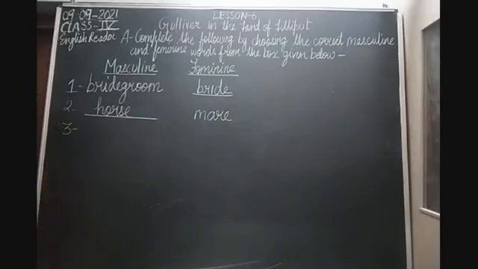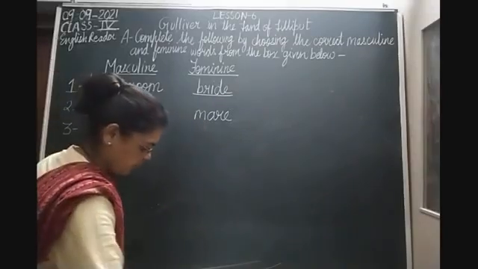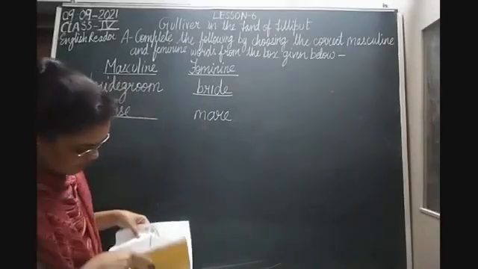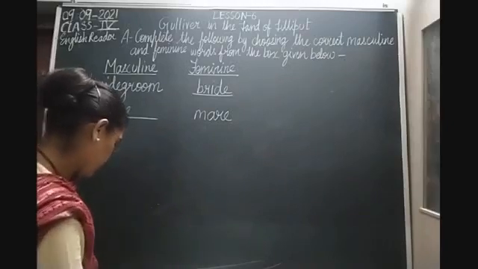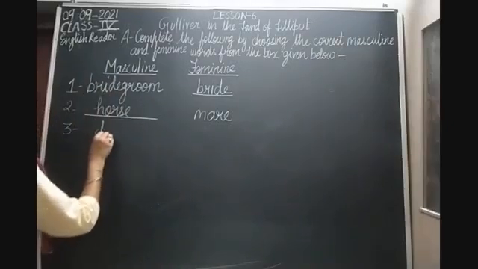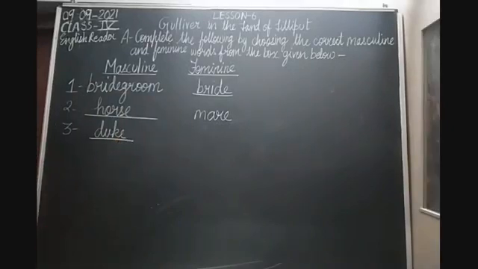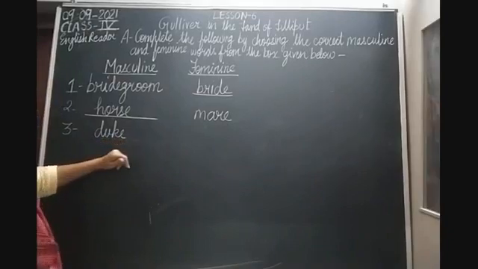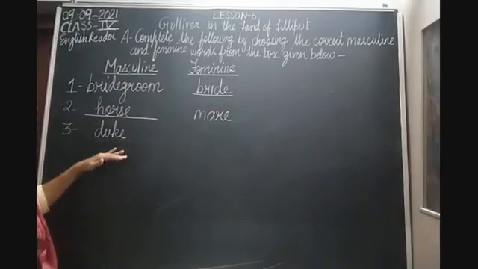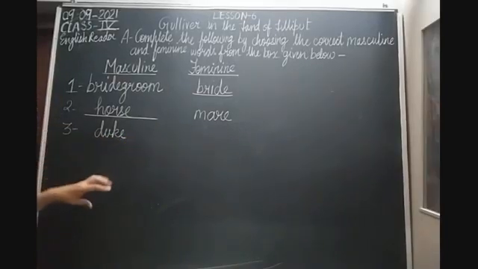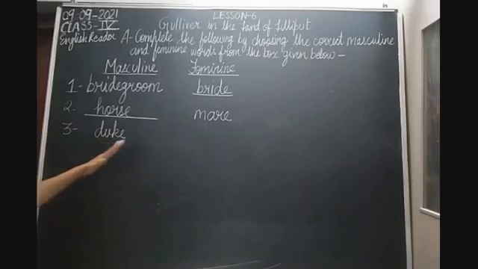Then the third one, Duke. A title given to someone more or less like a king, related to the royal family.